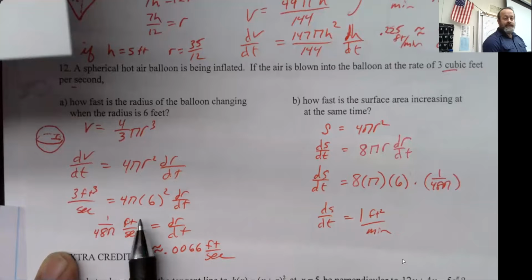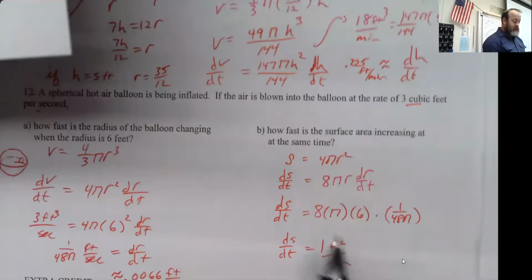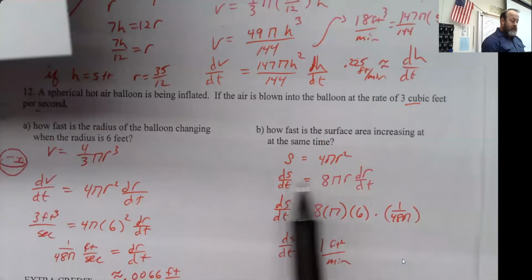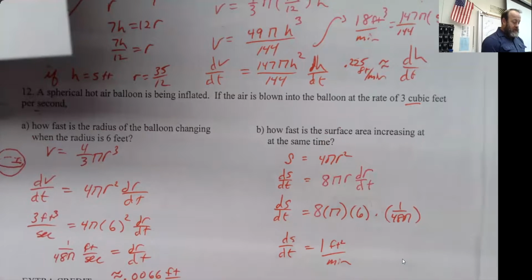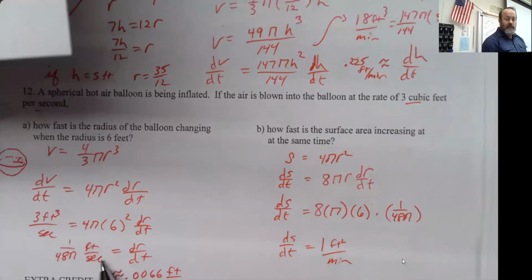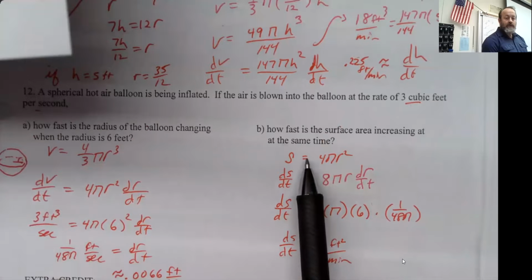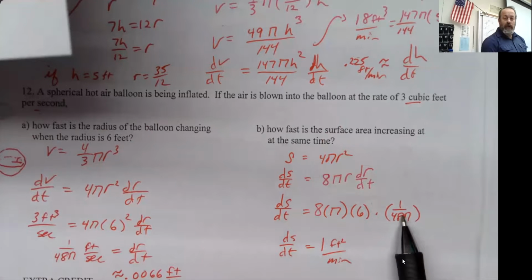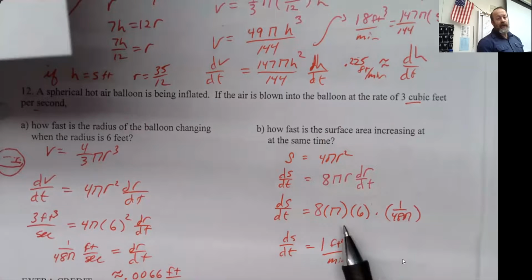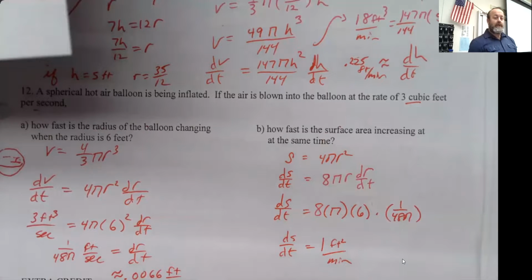It doesn't matter. And then of course, since the surface area is 4 pi r squared, ds dt is 8 pi r dr dt. And again, since we know dr dt from this thing, because it says at the same time, so if dr dt is 1/48 pi, we can utilize the information we already have at hand and simplify it down, and ds dt is 1 square feet per minute.